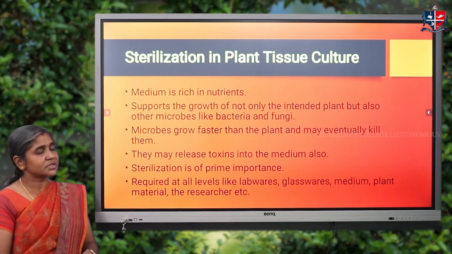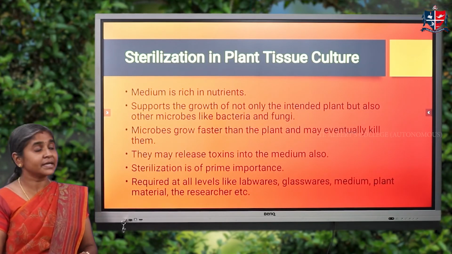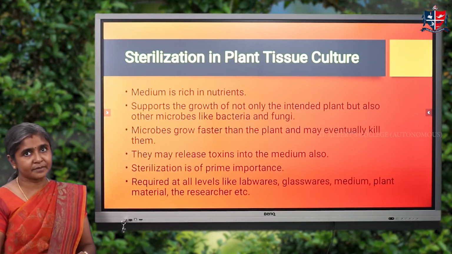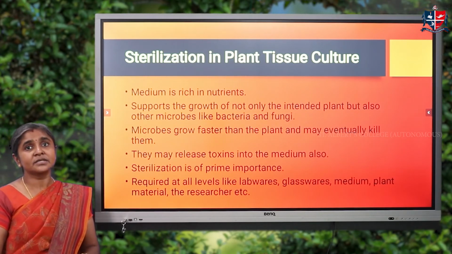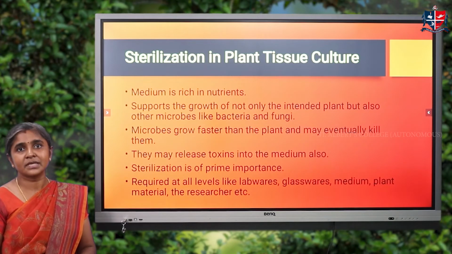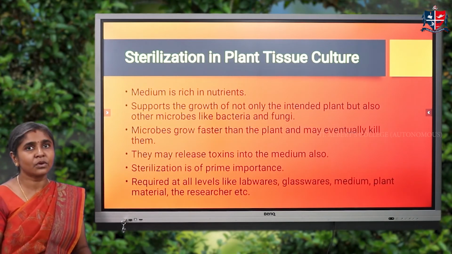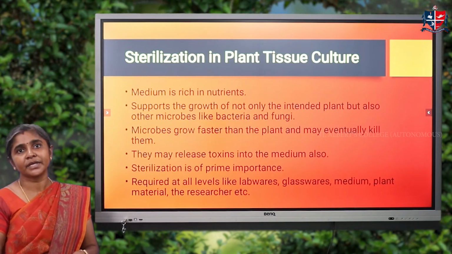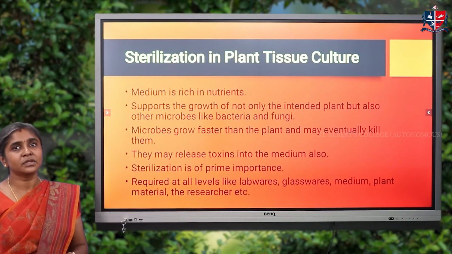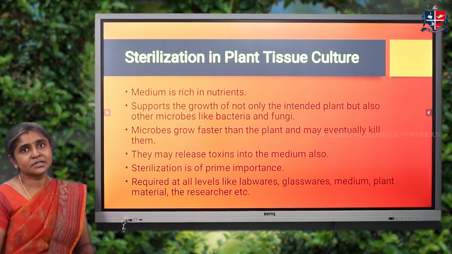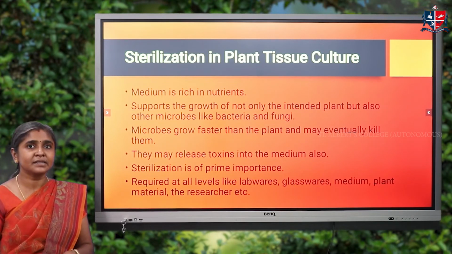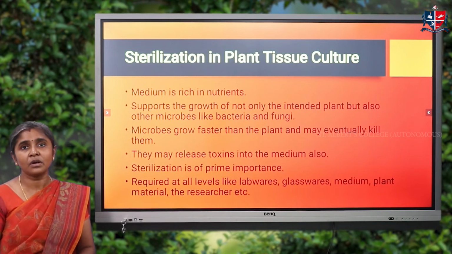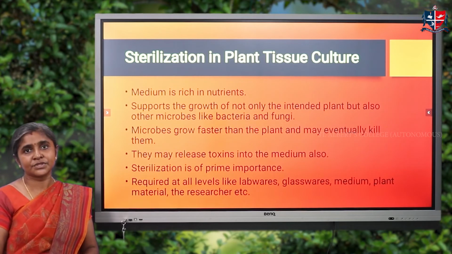And there is also possibility that these microbes release toxins into the medium. So that's why sterilization is of utmost importance in plant tissue culture, because we don't want any kind of microbes growing in our cultures. We only want the plant to grow. So it is of great significance that sterility is maintained at all points of tissue culture.